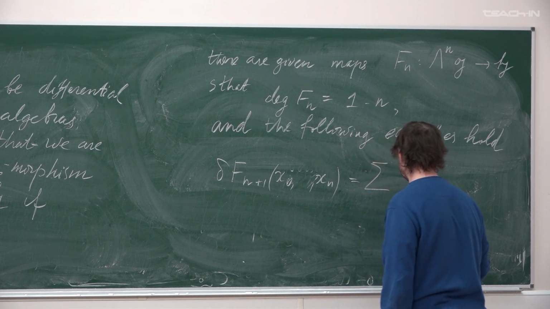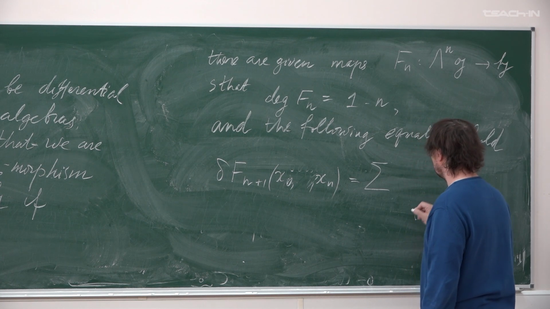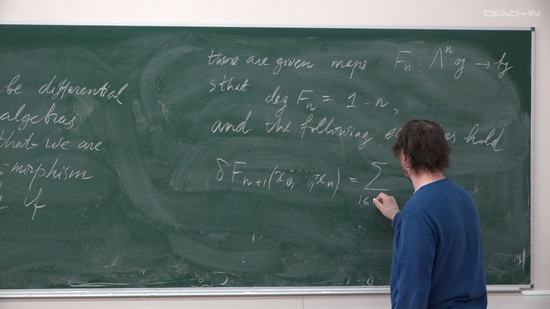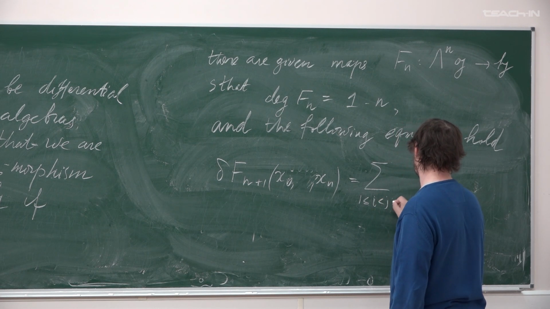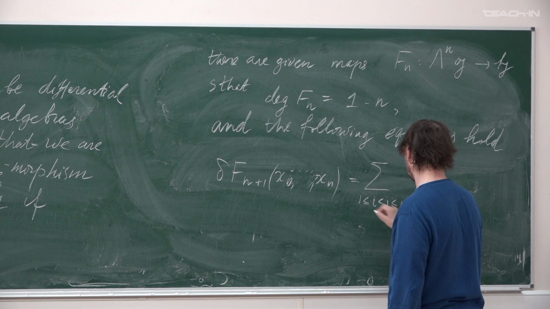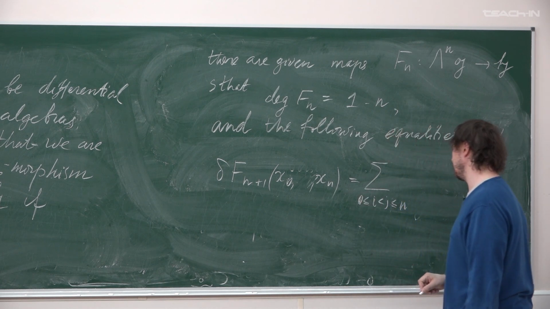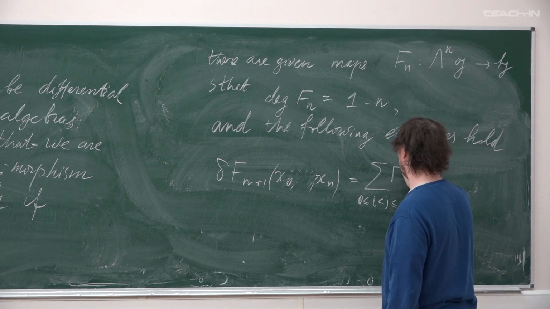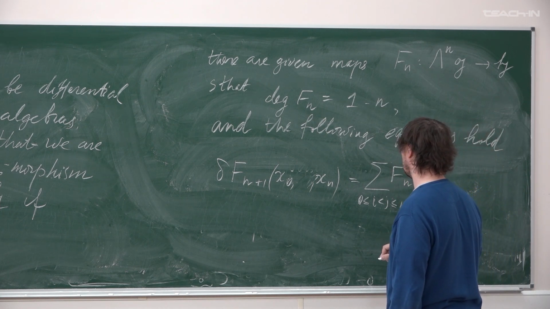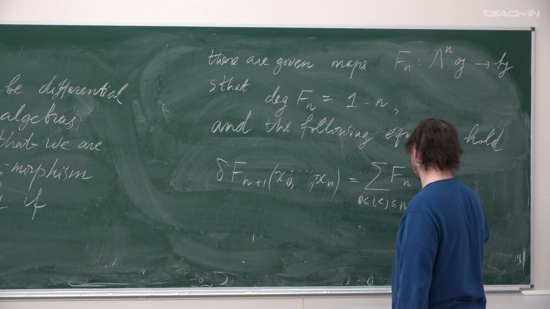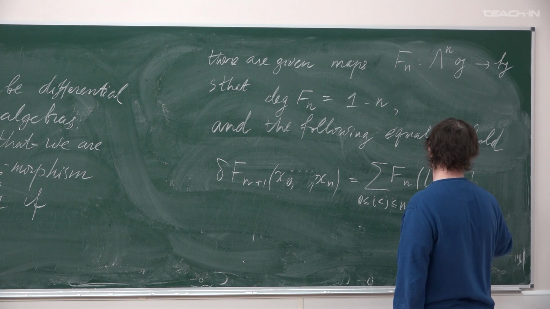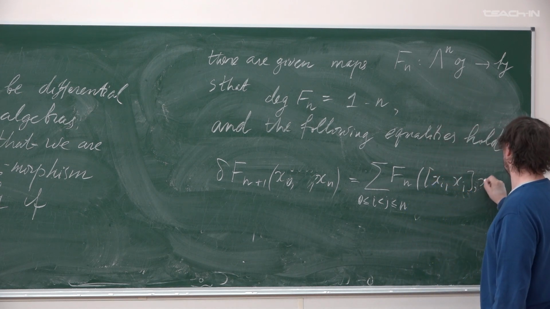First, you have the sum over i varying from 0 to n, and j varying from i to n, of F n of x i x j, x0 and x i x j are omitted.